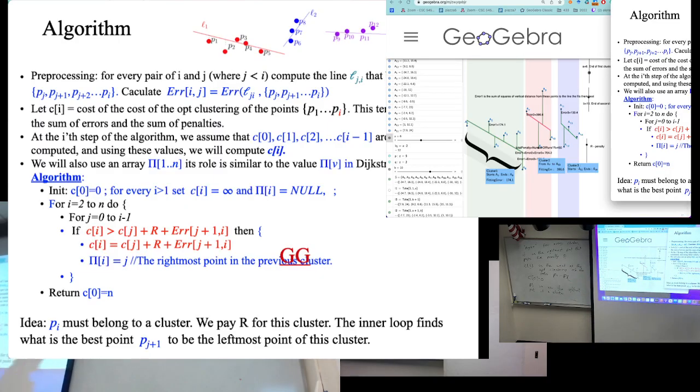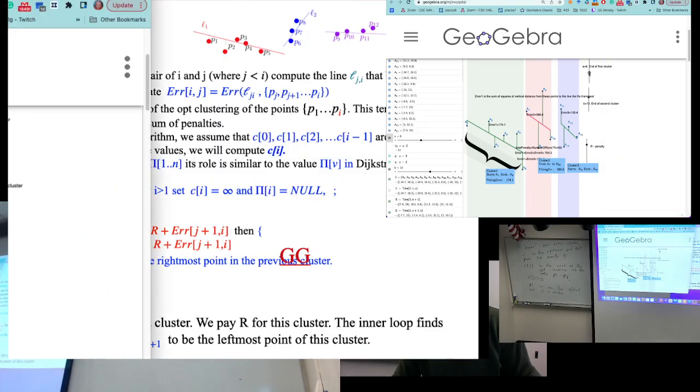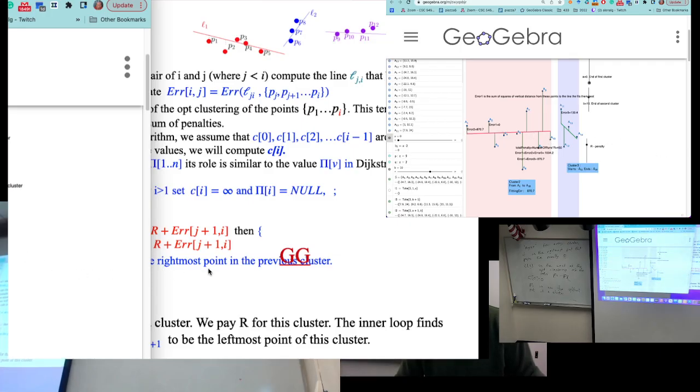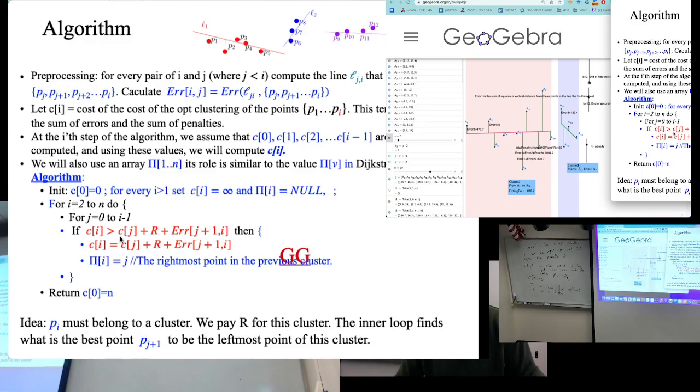And remember, if I don't have any such previous cluster, my current cluster that contains A_10 starts at A_1, and what do I need to add to it? I need to add C_J, which will be 0. My current cluster starts at 0 plus 1, which is 1.